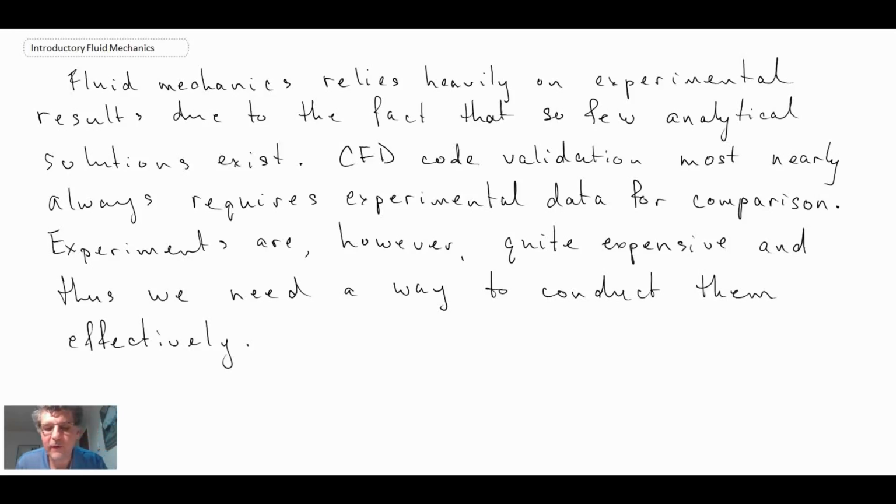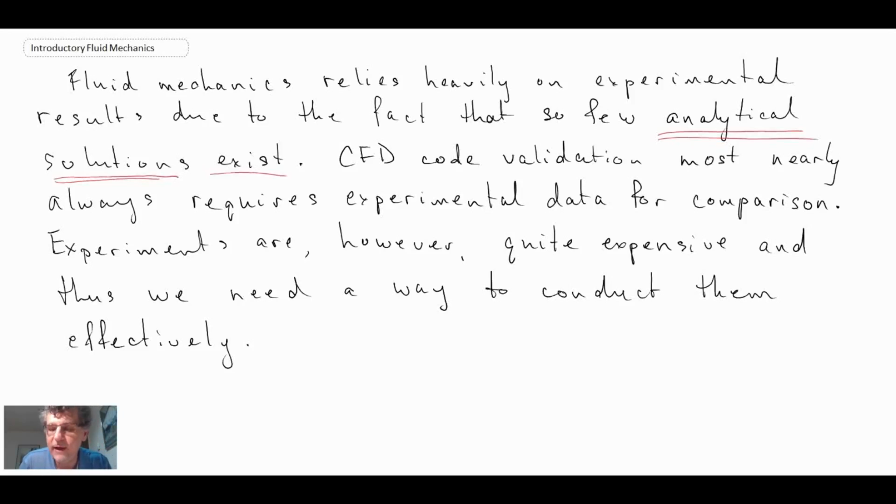This is kind of a long paragraph, but it sums up the purpose of looking at dimensional analysis and similitude. We've gone through our analysis and looked at some analytic solutions, and some do exist for the Navier-Stokes equations and the Euler equations.